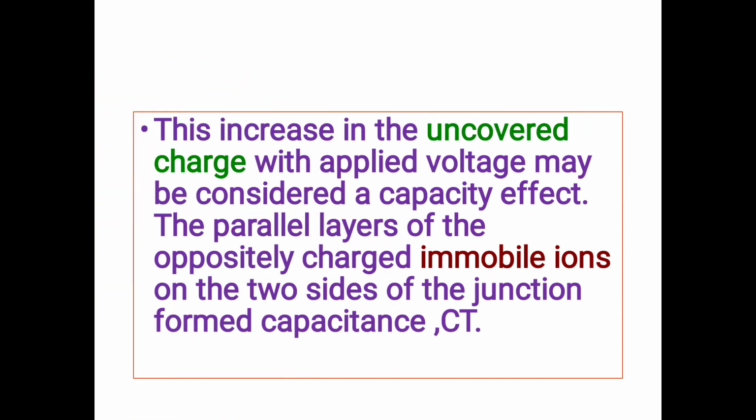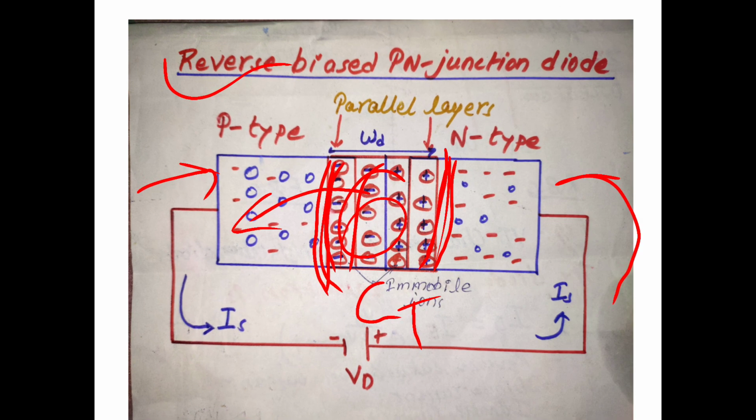This increase in the uncovered charge with applied voltage may be considered as the capacitive effect. As we increase the negative potential or reverse biasing, the depletion width is going to increase, and the number of uncovered immobile charges will also increase.